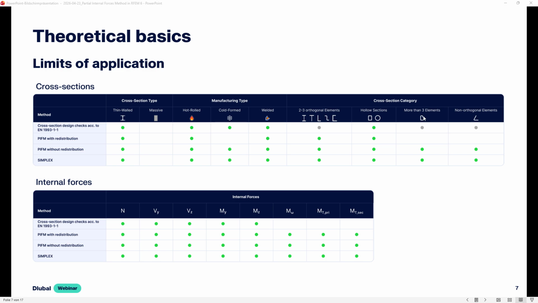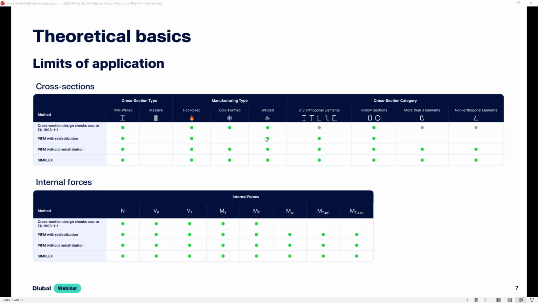If we have more than 3 elements, we can also see that Eurocode 3 comes to its limit, because, as I said, only some cross-sections are allowed for the really economical plastic design. And same for cross-sections with non-orthogonal elements, they are also not regulated for the plastic interaction formulas.